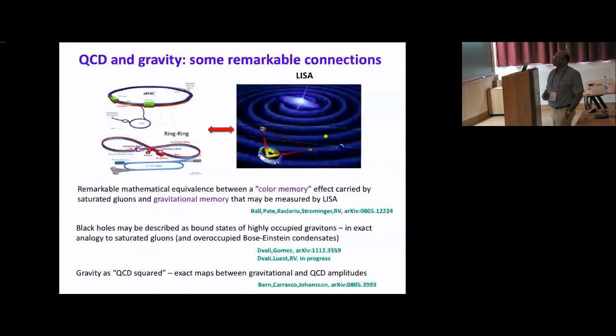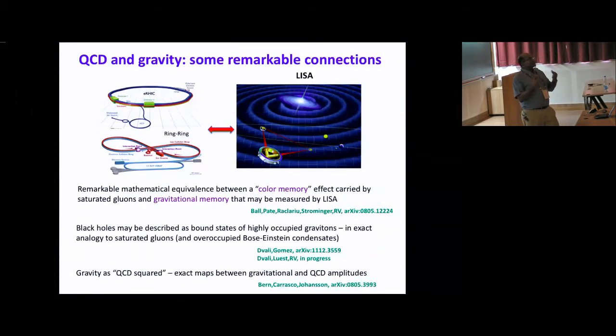And finally, this is something that I've been working on recently, which is that there are some remarkable connections between QCD and gravity. There are some mathematical equivalences between a color memory effect in QCD that is satisfied by these saturated gluons and gravitational memory.